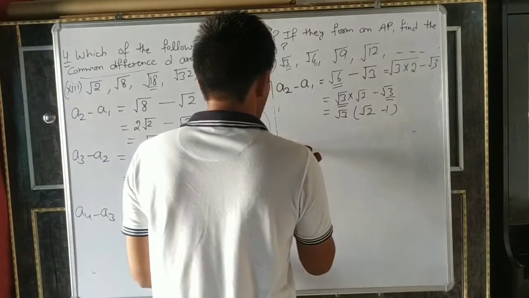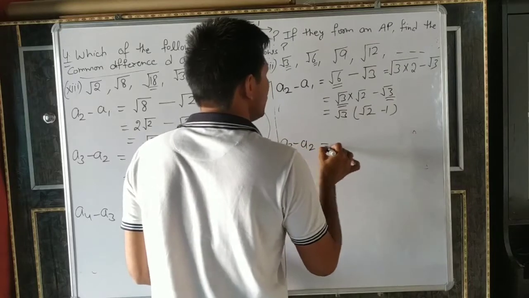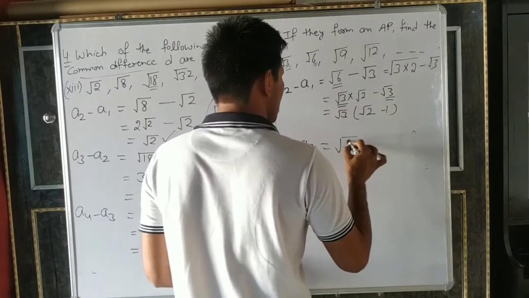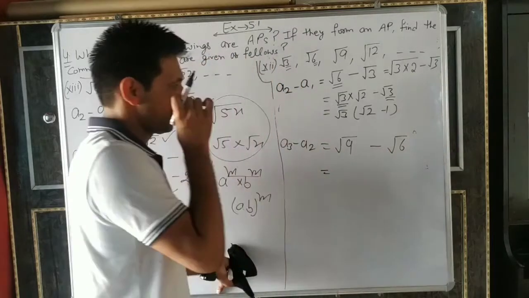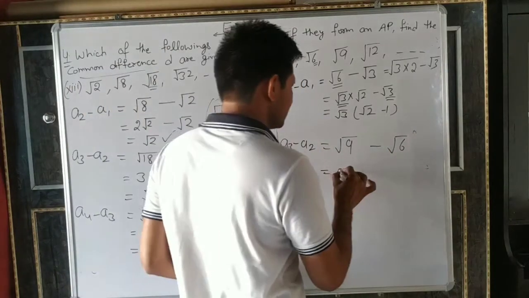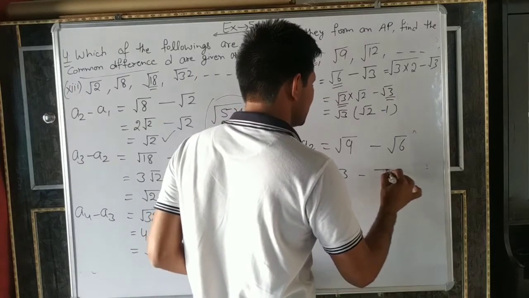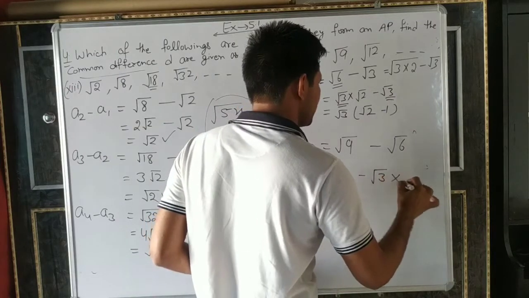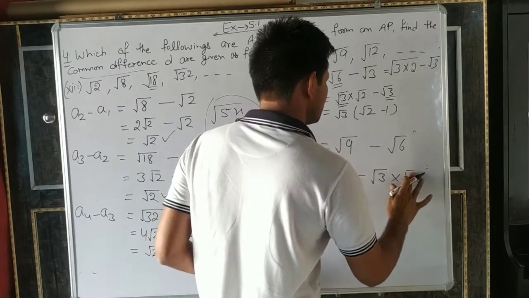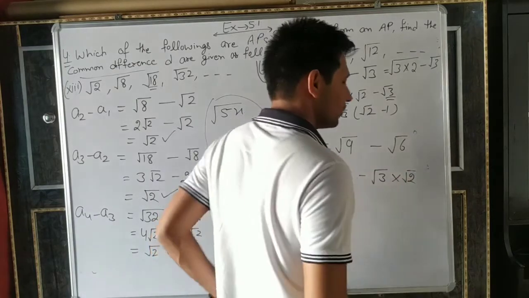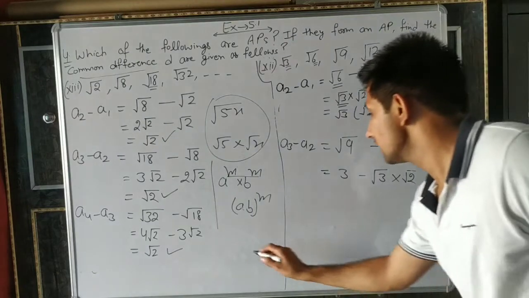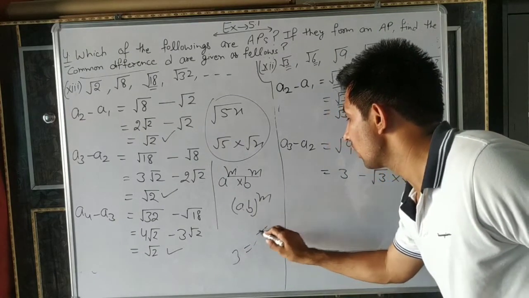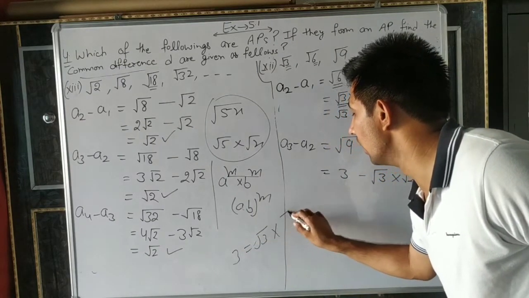Now A3 minus A2. A3 is root 9, minus root 6. Root 9, what can you write? Root 9 means 3. 3 minus, it is root 3 into root 3. Understand? Root 3 into 2. Now, is there anything common? Yes, because 3 means root 3 into root 3.